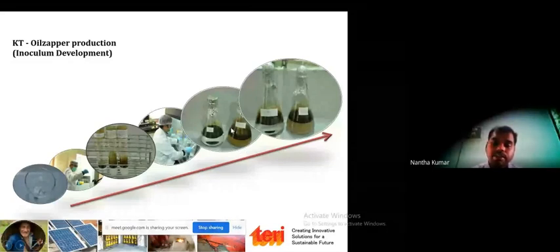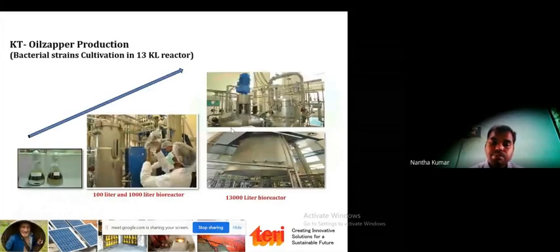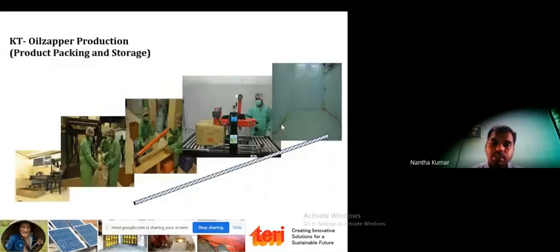After that, the same strain is upscaled from the shake flask to a large scale 13 kL reactor. Then it is pulverized and mixed with sterile corn material. Then it is packaged under specific conditions, maintaining optimum moisture and temperature, and stored in the cold room.